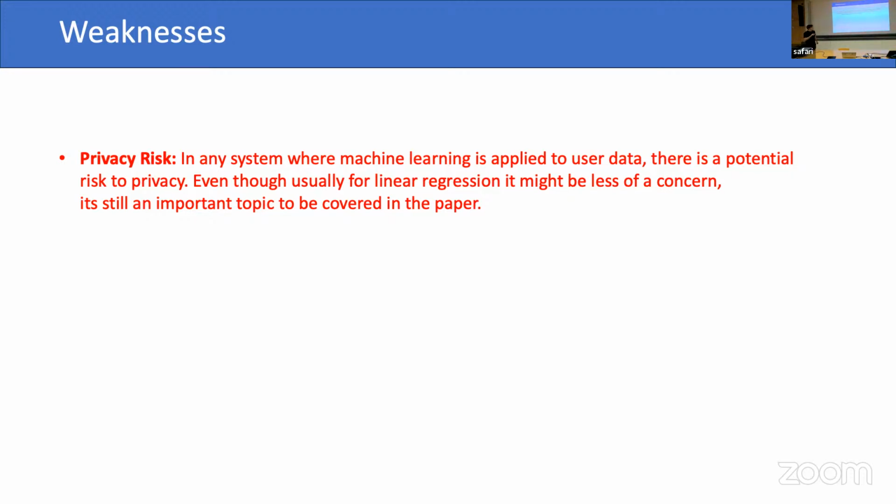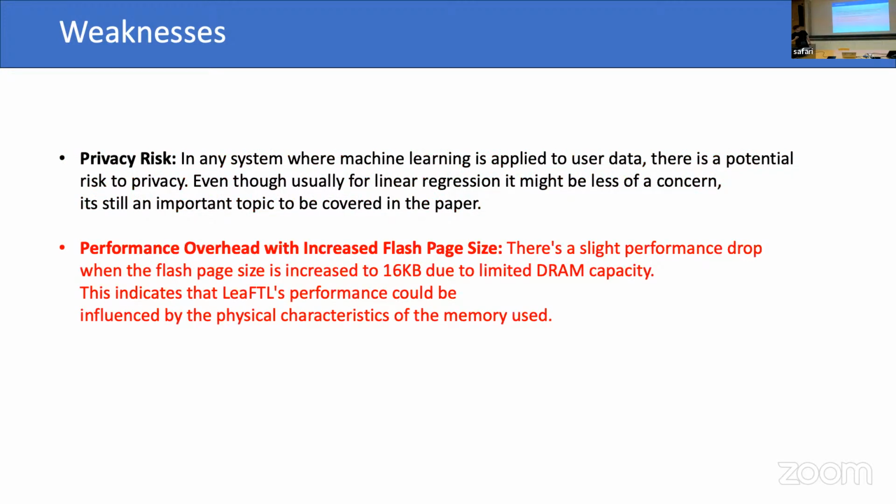And yeah, then I'm a bit concerned about the slight performance drop when going to 16 kilobyte page size. That means that maybe when we go with different SSD characteristics and so on, we could have some problems.